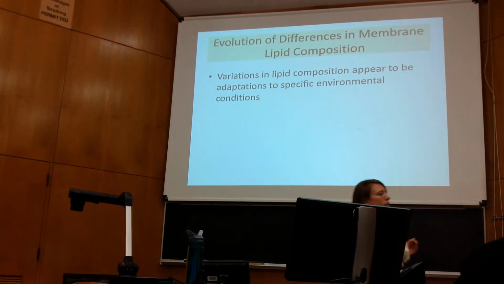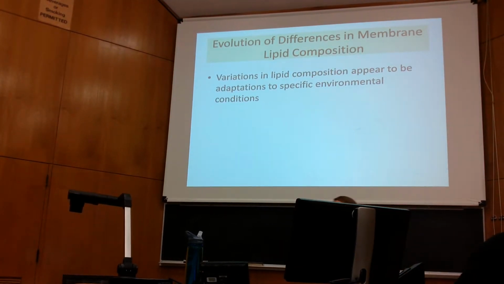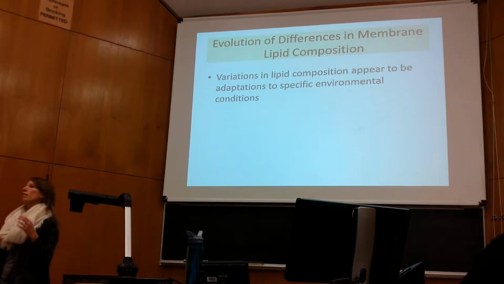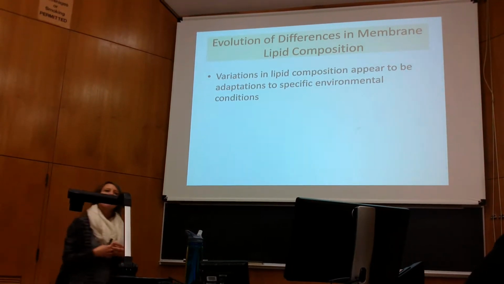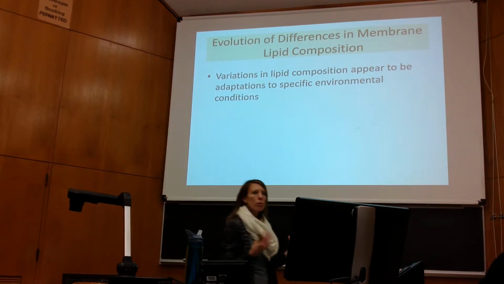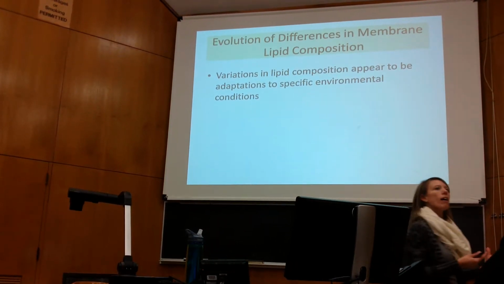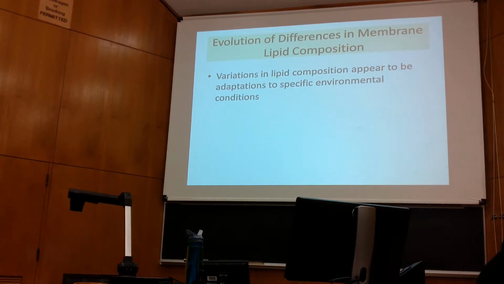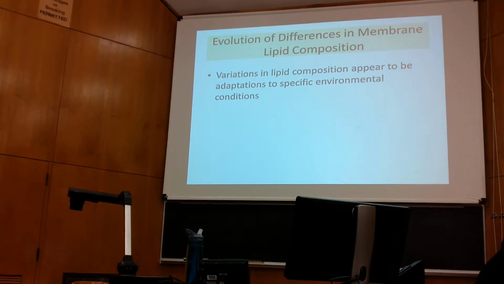Okay, so it's pretty interesting. If we look at the composition of different organisms in different environments, their membranes have been adapted to whatever their environment is. So in cooler regions, would you think you would have more saturated or unsaturated tails? Probably unsaturated.